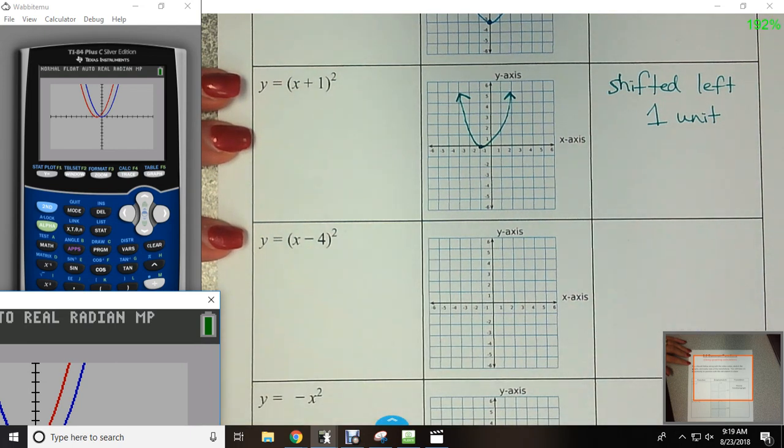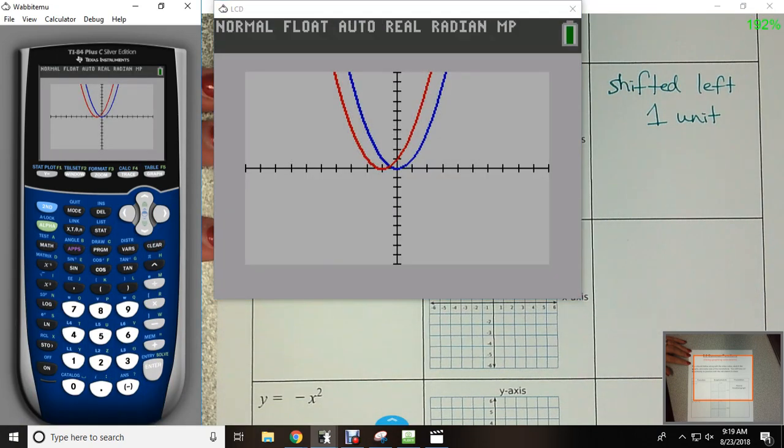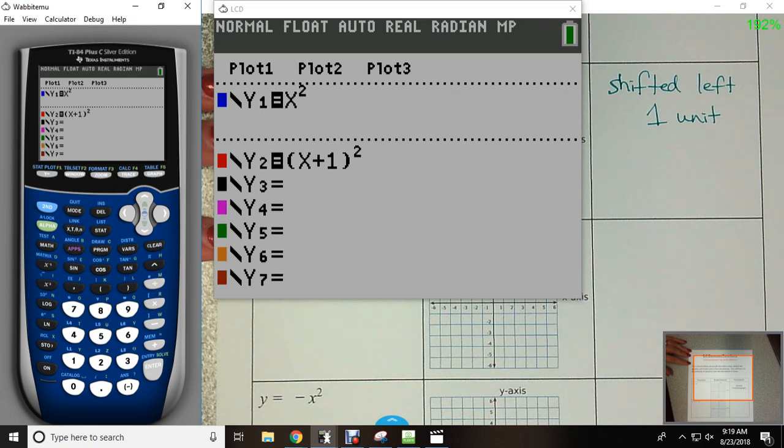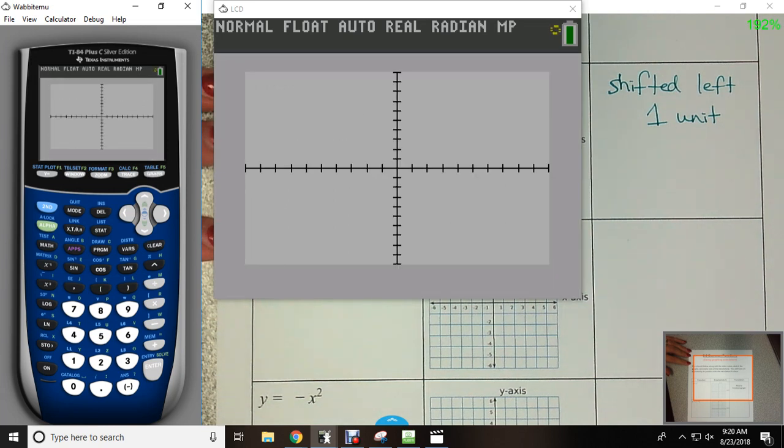So let me pull my calculator back up. I'm going to change my second one to be minus 4 and then graph it. There's the parent function. And here's my new function. And yes, it is shifted to the right 4 units.